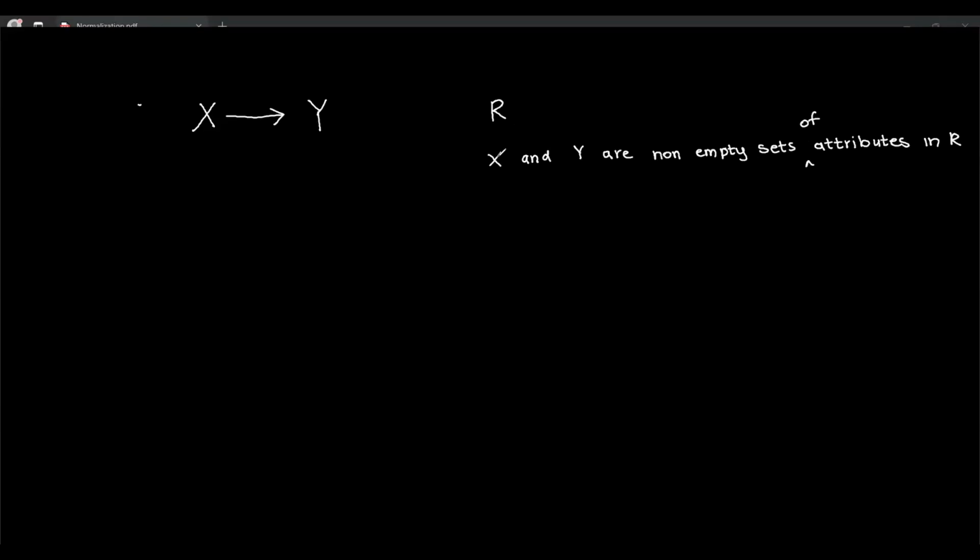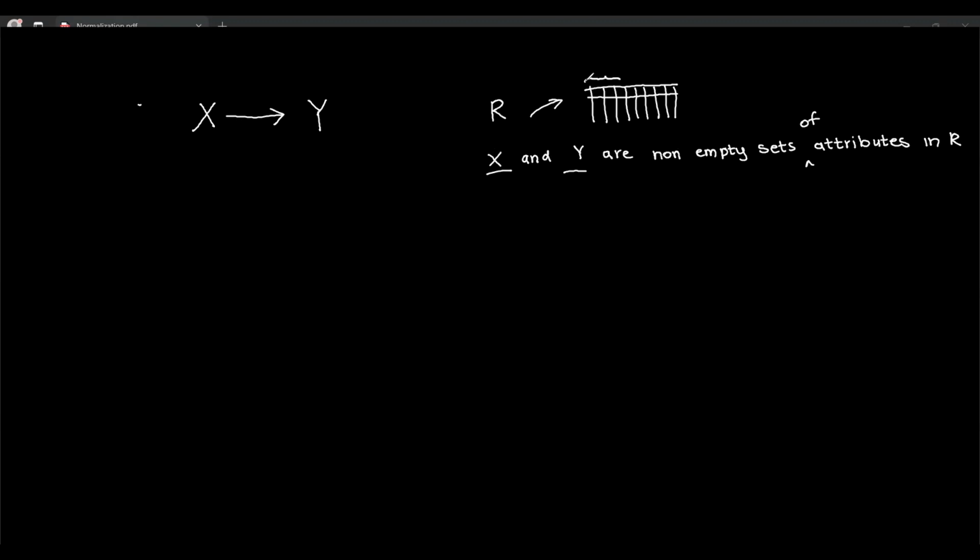Do you understand? R is a relation. We know how a relation looks. It consists of multiple attributes, one or more attributes, and X and Y are non-empty sets of attributes.